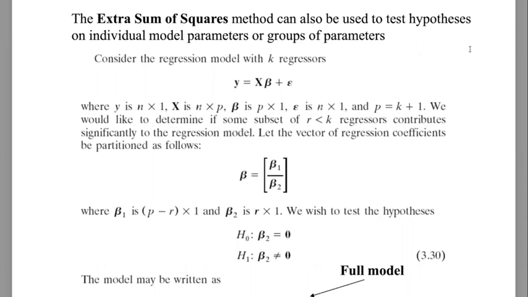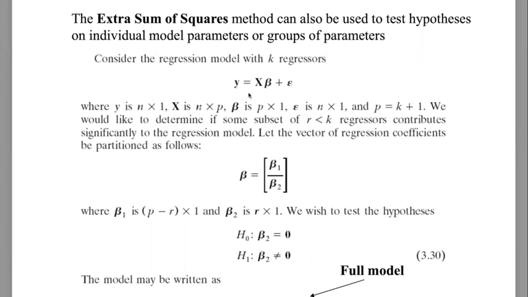And so let's start off by looking at the matrix representation of the multiple regression model, where we've got k explanatory variables or regressors. In this case, the y vector is n by 1, so we've got n rows in one column, so we've got n observations. The X matrix, the design matrix, has dimensions n by p, so again n observations, and the number of columns in that X matrix is p.